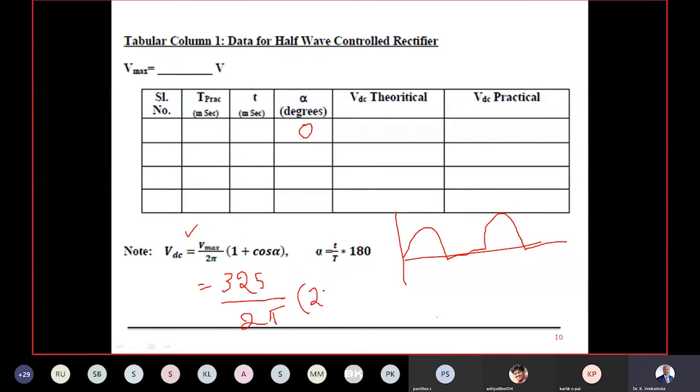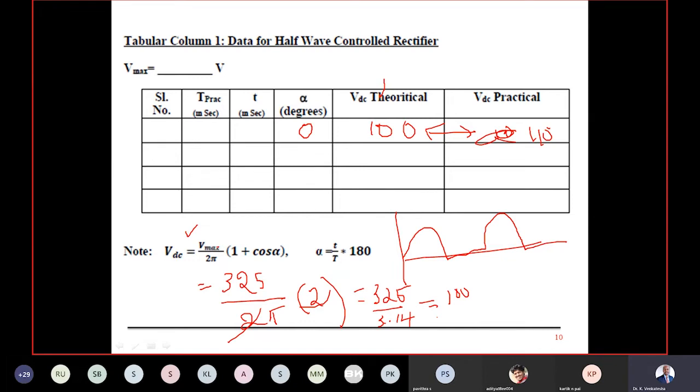That gives 325 by 3.14, roughly 100 volts here. That is theoretical. Practically, I told you, you will be getting about 50% of 230, somewhere around 110 or 120 volts. So theoretical and practical will match there.